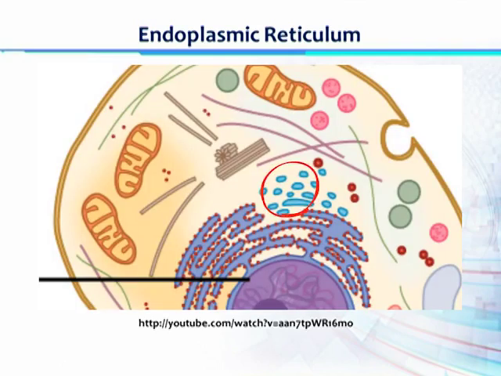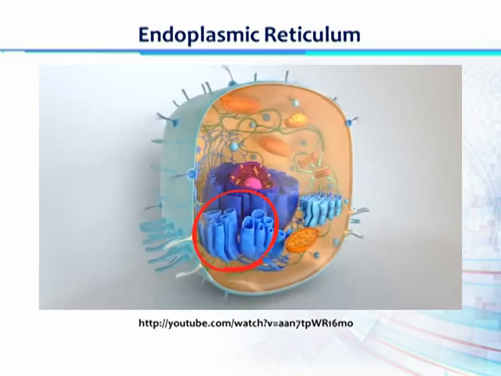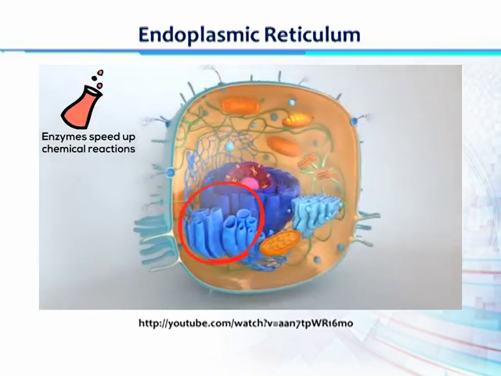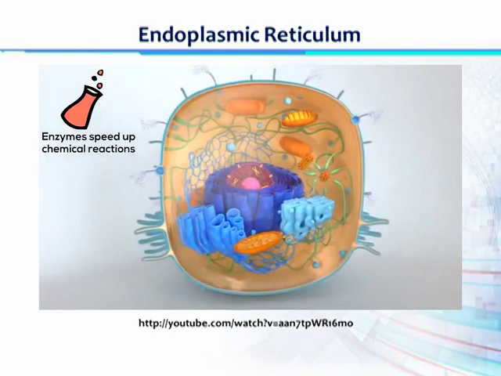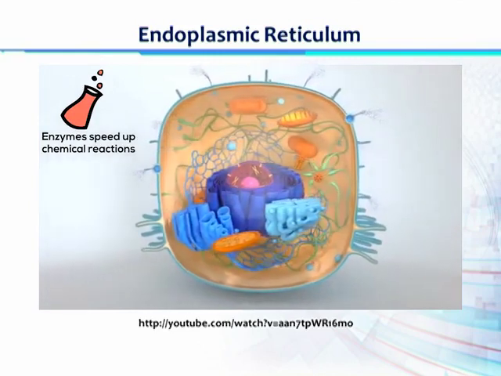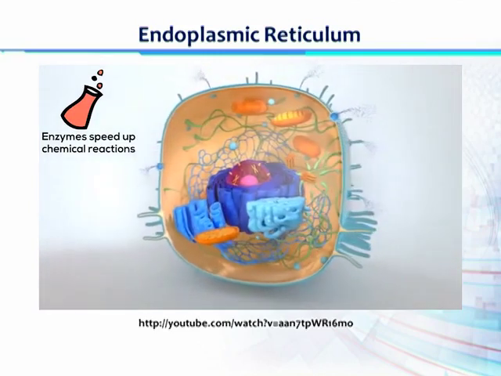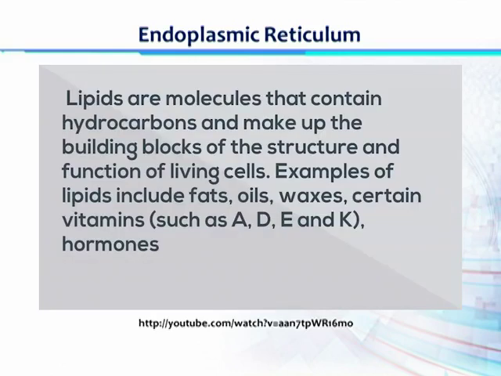Smooth ER looks smooth because it does not contain ribosomes. It has a different job than the rough ER. The smooth ER produces important chemicals called enzymes, which may pinch off into a vesicle and travel to the Golgi apparatus. The smooth ER also produces lipids, which are important fats used by the cell.